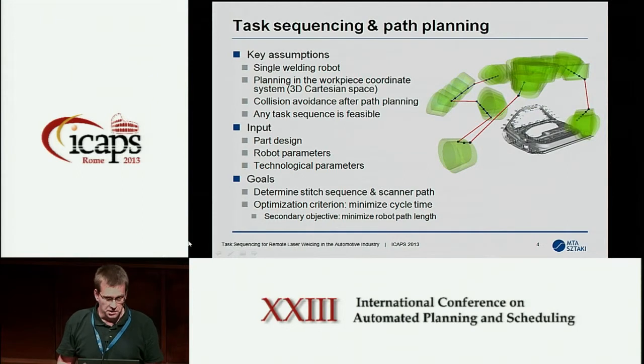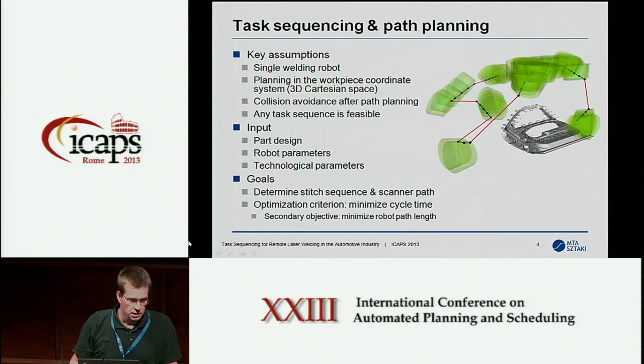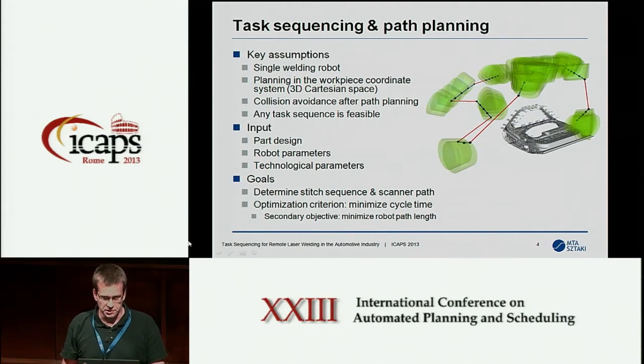As I was saying, collision with this technology is not a really serious issue, so we postpone collision avoidance after path planning. And we make a last assumption. Actually, there was some debate on this among experts, but the final conclusion was that any task sequence can be feasible.